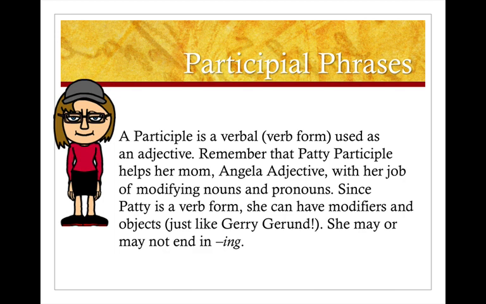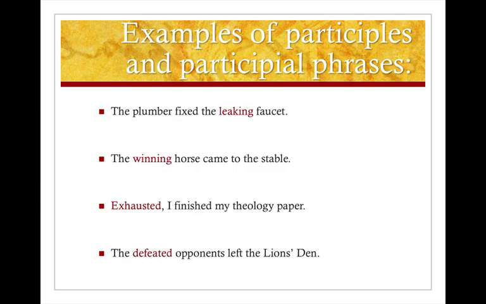Jerry Gerund always ends in ing. Patty participle does sometimes, in the present tense form usually, but doesn't have to, and we'll see some examples of past tense participles, verb forms in the past tense used as adjectives.